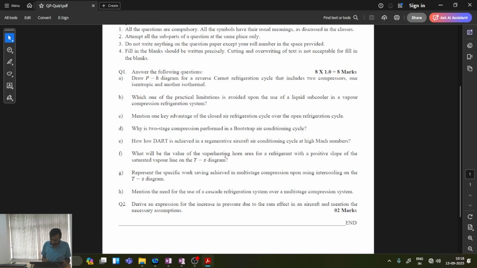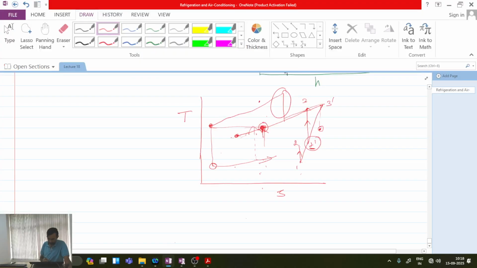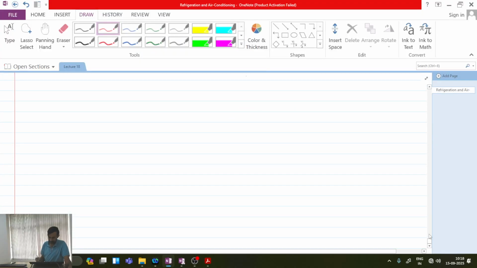What will be the value of the superheating horn area for a refrigerant with a positive slope on the saturated vapor line on the TS diagram? So, what is the meaning of positive slope? On the TS diagram, dT by ds is the slope.